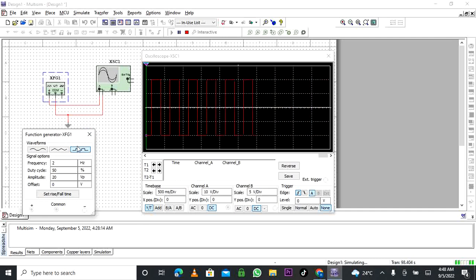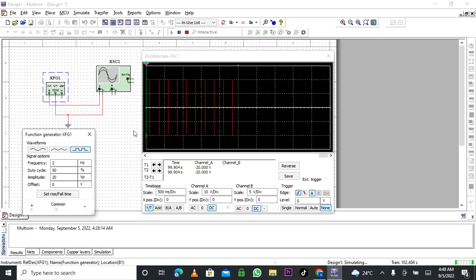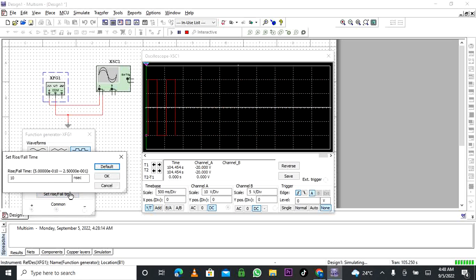That's rise time. Fall time is how long it takes to go from high to low. So right now it's at 10 nanoseconds, which is a very, very short interval. And because our time scaling is so large, 500 milliseconds per division, we don't really see a rise or fall difference in it. Just a vertical line.